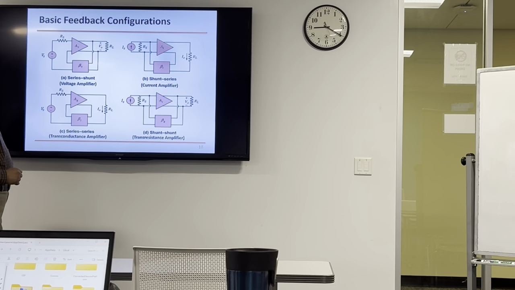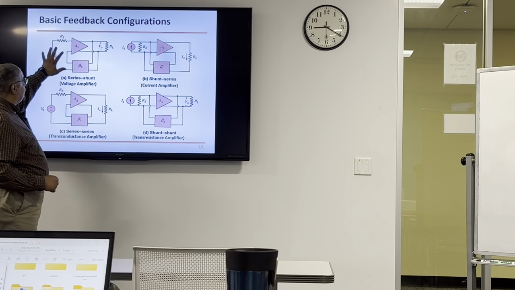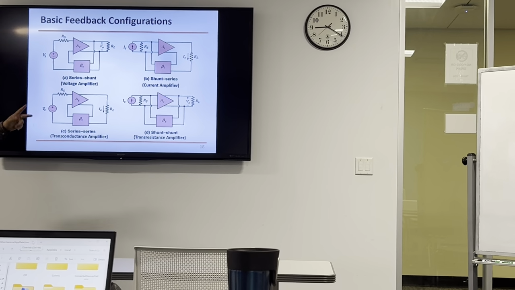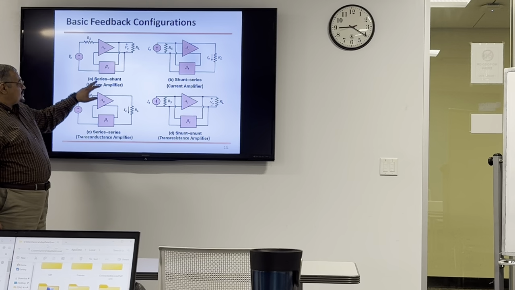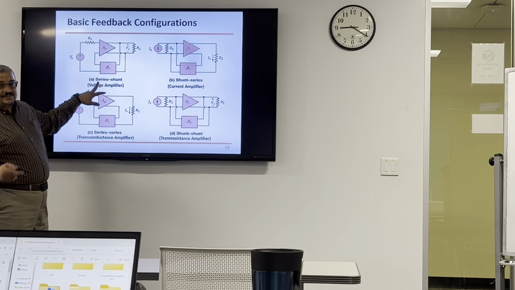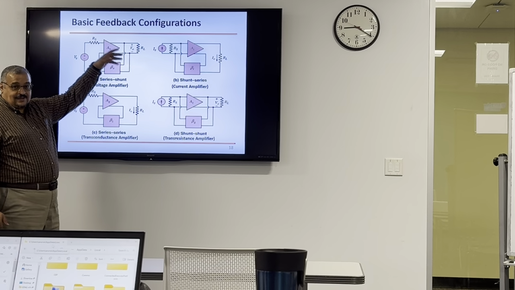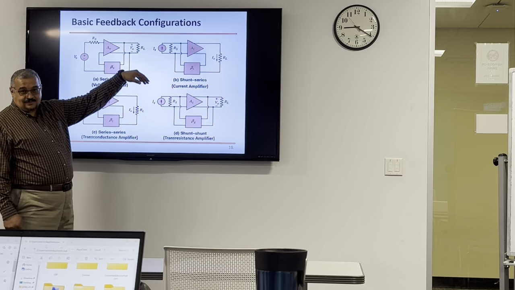So the voltage amplifier, you sample the voltage in shunt and you mix it in series. And be careful because some references in textbooks use the reverse name. You might find a reference that calls this one shunt series instead of series shunt, because they believe it's output over input, the relation between the output to the input, not the input to the output.